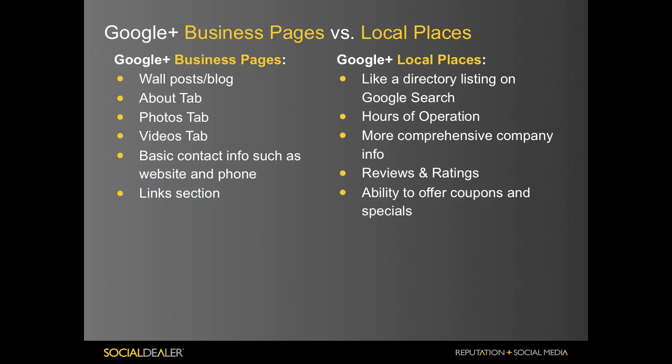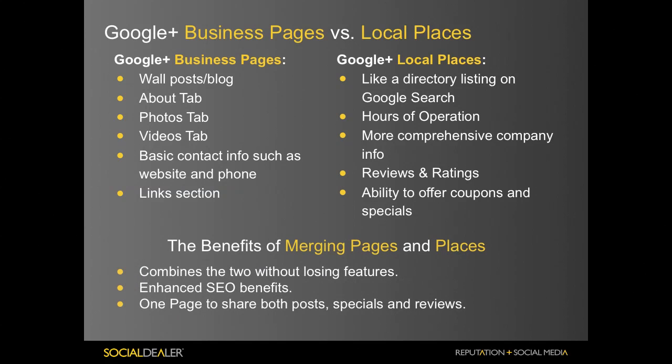You can put special offers and coupons up there, and most importantly, that's where your reviews are showing, and that's where your ratings are that people are seeing as they search. So the benefit of merging these two is you put all this into one asset that's listed with Google. You boost up your SEO benefits as a result, and now your reviews and your posts and all of your social activity and your reputation are all combined into one place.